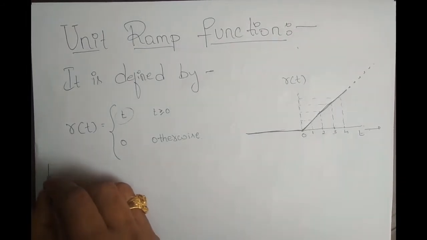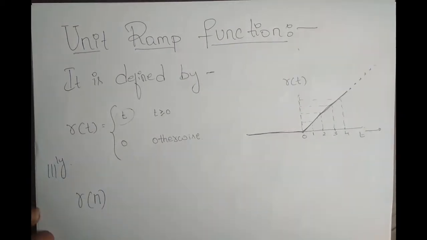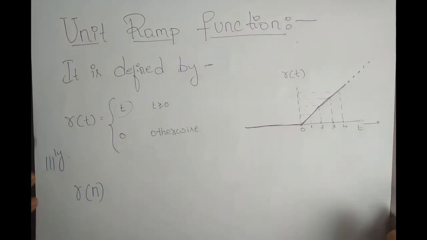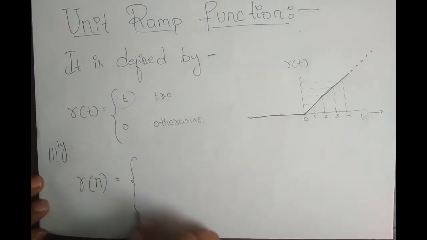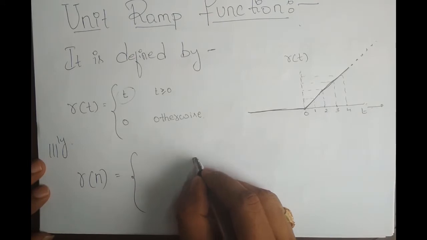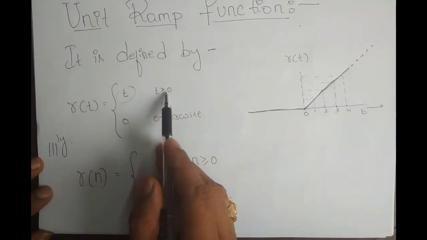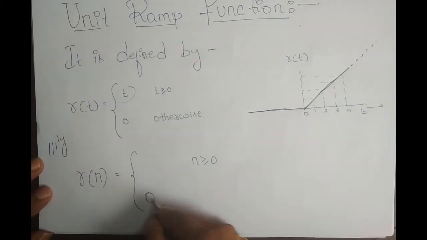Fine. So similarly for discrete time signal, it is defined by r of n. For continuous time signal it is r of t. For discrete time signal it is r of n is equal to, any idea what this is? This is defined for n greater than or equal to 0, the way it is defined for t greater than or equal to 0, here it is n greater than or equal to 0 and equal to 0 otherwise.